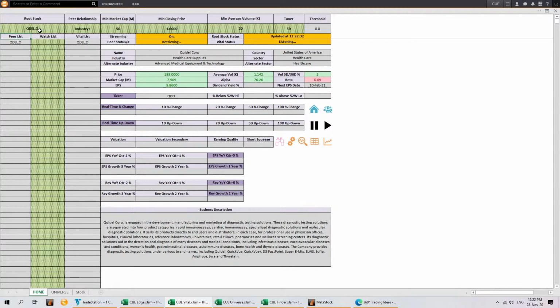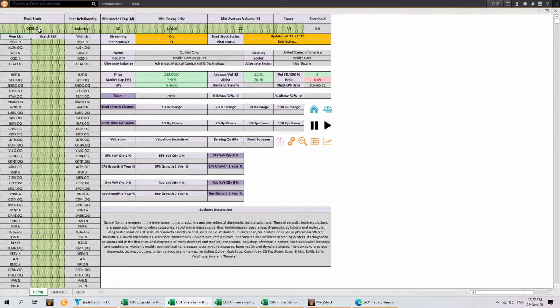And there are plenty of trades using this Q 360 degrees techniques, as I keep on sharing on my site also. This is QDEL. Okay, as per Reuters, it is healthcare supplies, not biotech. TradeStation was showing it as biotech. Let's check out the healthcare supplies industry.